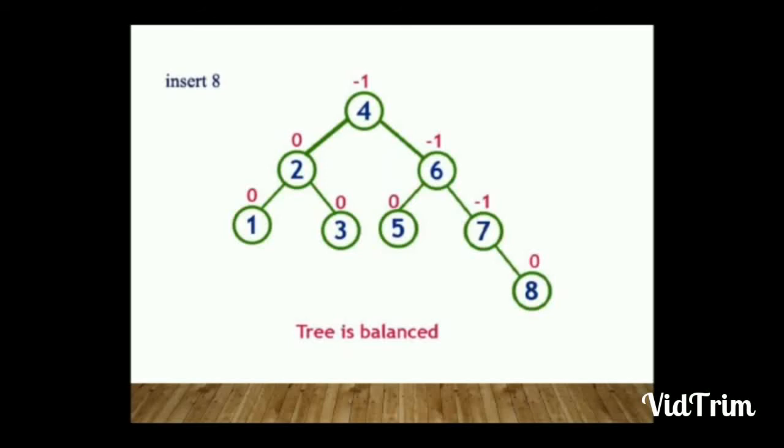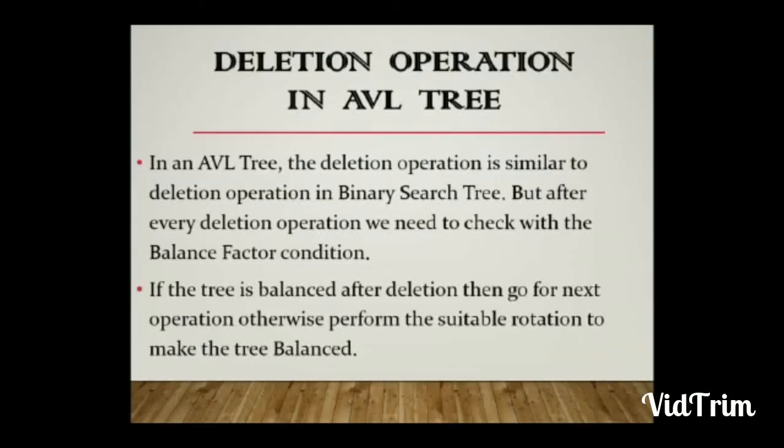The deletion operation in an AVL tree is similar to the deletion operation of a binary search tree, but the important thing to note is that we have to check the balance factor after every deletion.